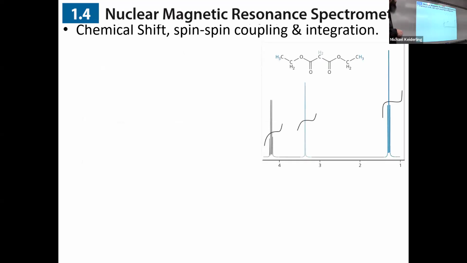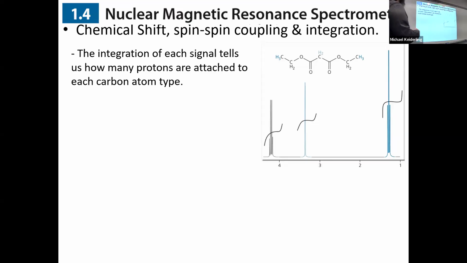So what you get out of an NMR spectrum, you get the peaks measured with chemical shift. The way the peaks split has to do with what they're next to. So that's the spin-spin coupling. And then these curves here are the integration, adding up how much signal you get from each peak, which tells you how much there is of that.